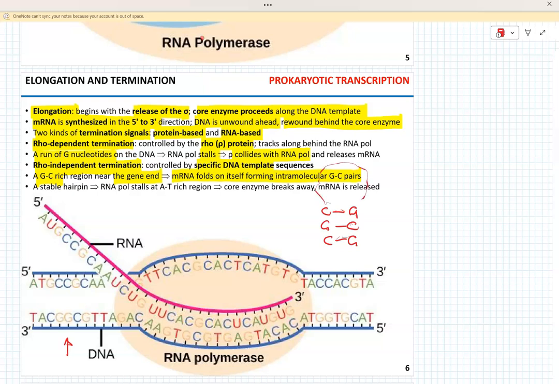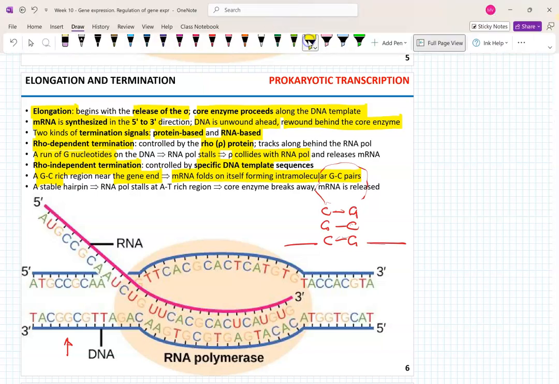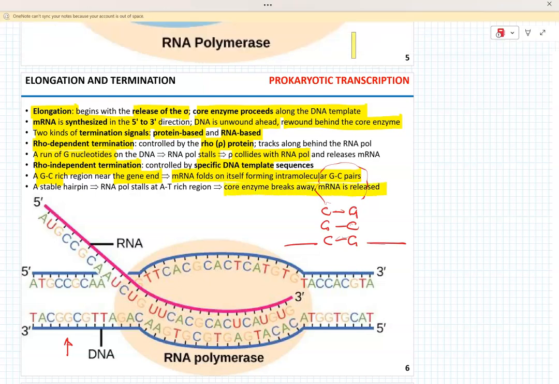And there's something else. So this is a hairpin. Then, after the hairpin is formed, RNA polymerase starts stalling at the next region, which is AT-rich, and eventually, thermodynamically, the core enzyme is released from the DNA, and the mRNA transcript is released as well.